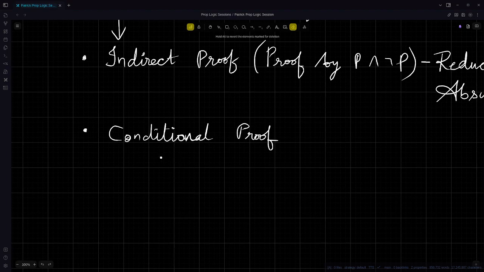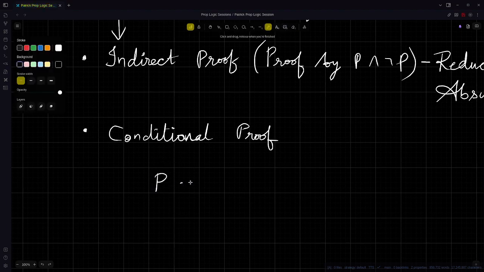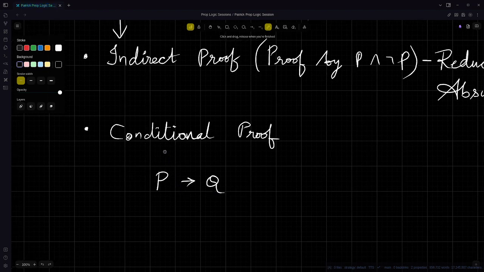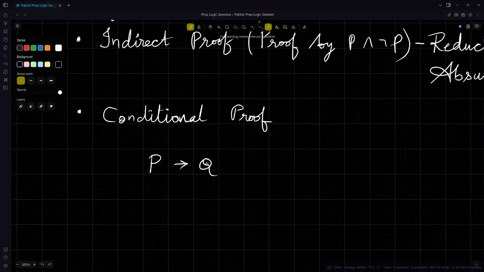Now, conditional proof is when you want to prove that some conditional is true. Let's say the conditional is P implies Q, and I want to show that this is true.